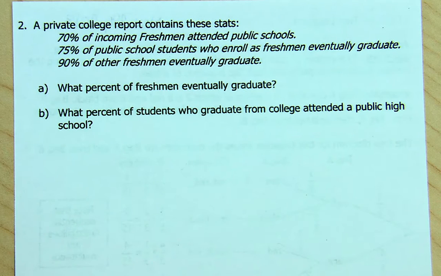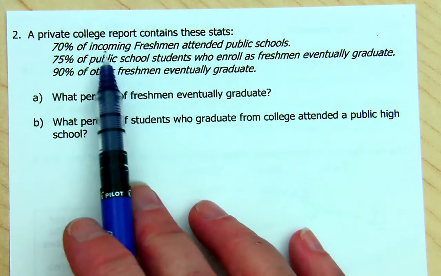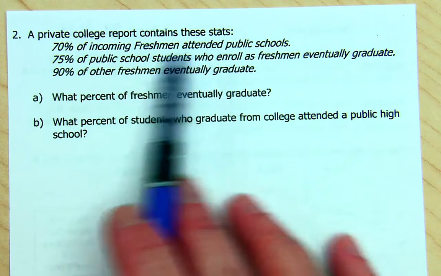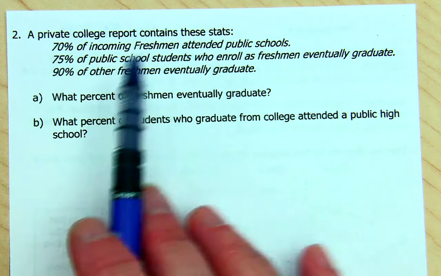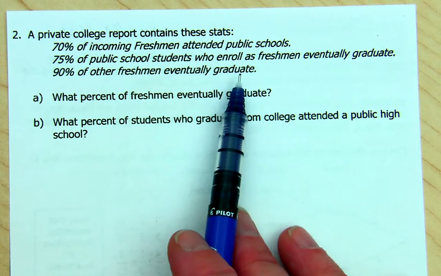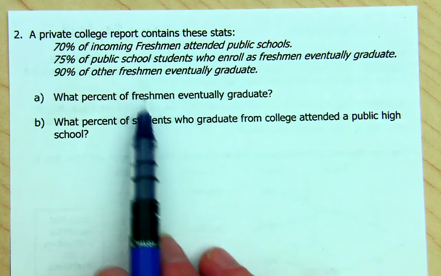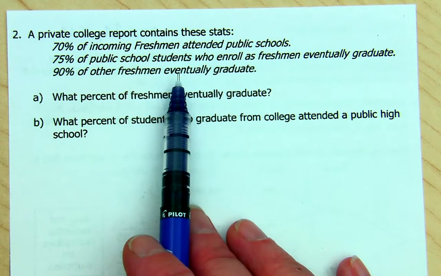So if we were to draw a tree diagram, we need to decide first, when you look at this, we have something about where the freshmen came from, and then we talk about if we know where they came from, did they graduate? So the first thing we need to know is where did they come from, so we can tell where to put these numbers. Okay?